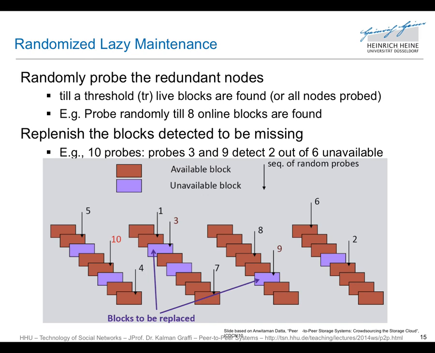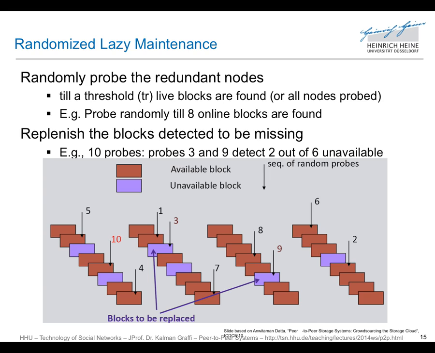Then there's the randomized lazy approach, where you do not actively probe all the data blocks. So there you already save something. In the lazy maintenance, you have to probe the 517 copies, and here you just probe as many as you need to find 100 successful copies, 100 blocks. That was the example. We need 100 blocks to restore the data.